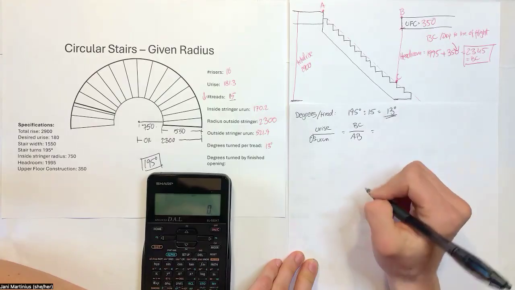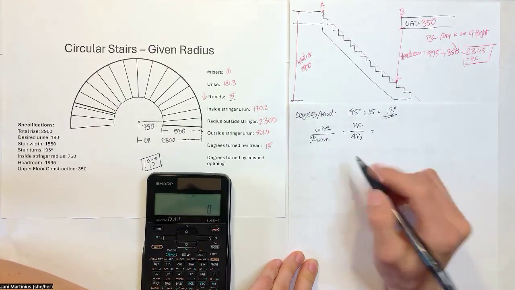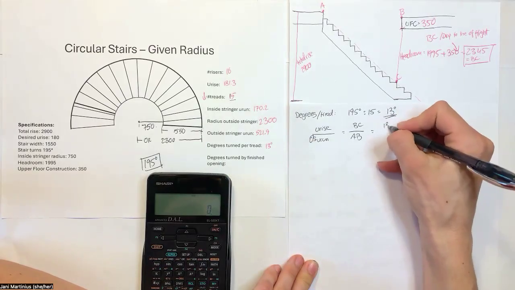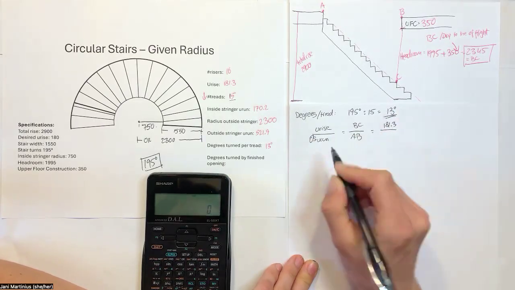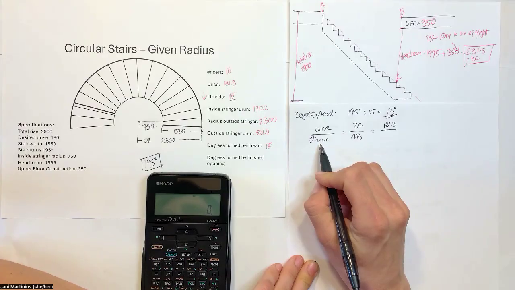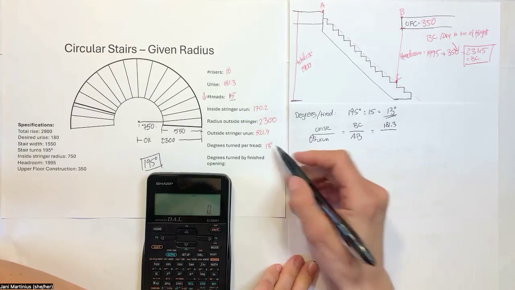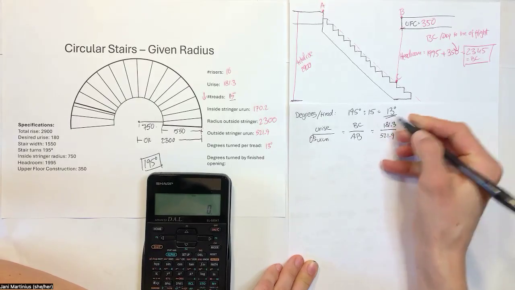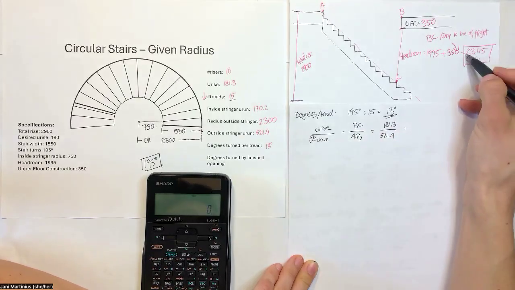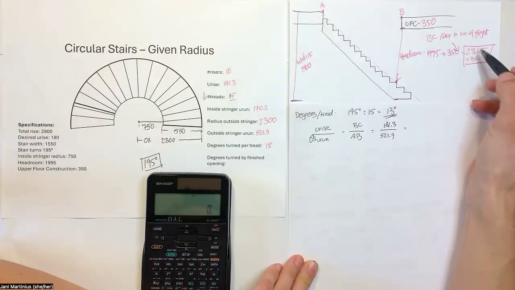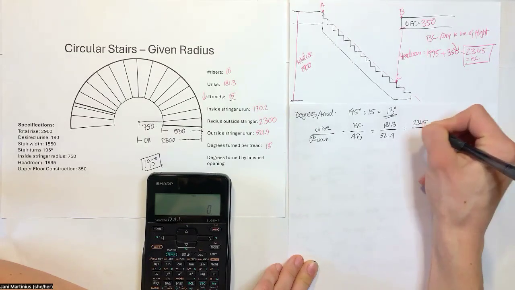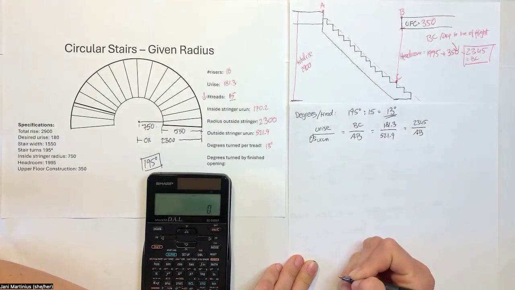So we do have three of these numbers and we're trying to find AB. So let's find them again. Our unit rise, 181.3, over our outside unit run, we just figured that out, 521.9 equals our BC, the 2345, headroom plus our upper floor construction. And well, the AB we're trying to find out.